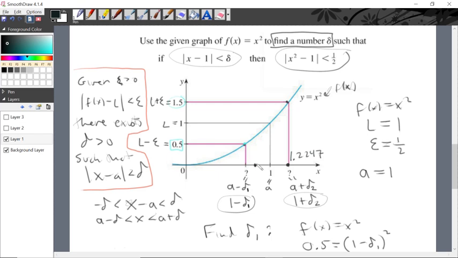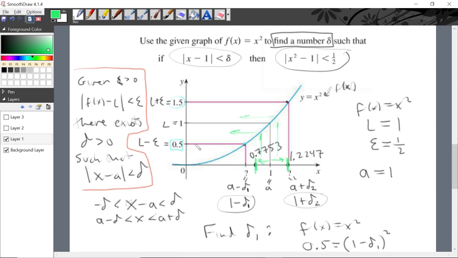So maybe about here. And so long as we are no more than 0.2247 from A, as long as we are between these two boundaries, we're saying there's a guarantee that the resulting output is going to end up between 0.5 and 1.5.